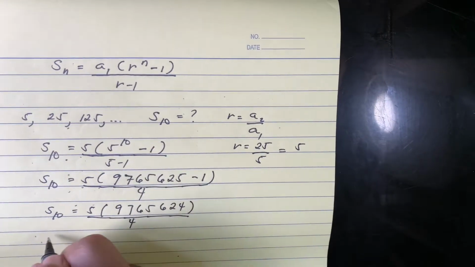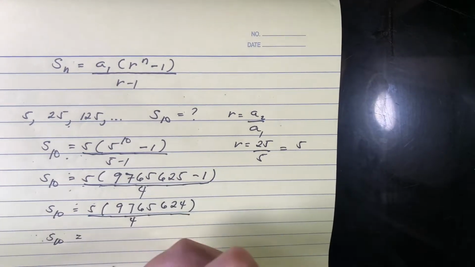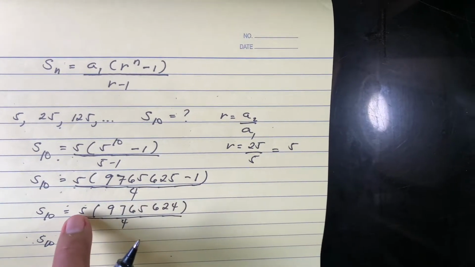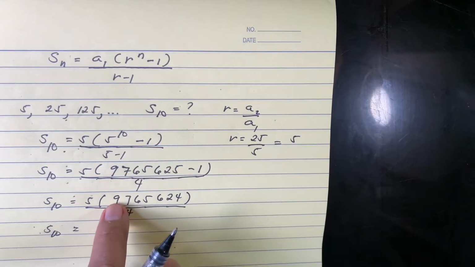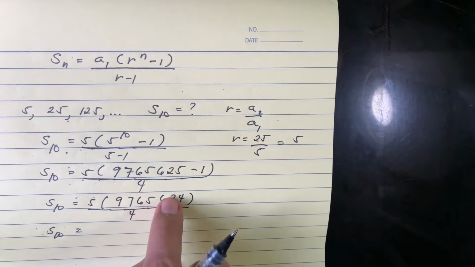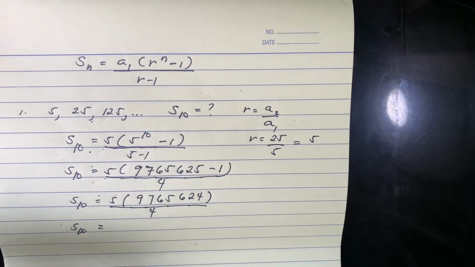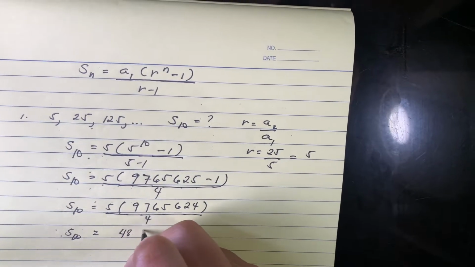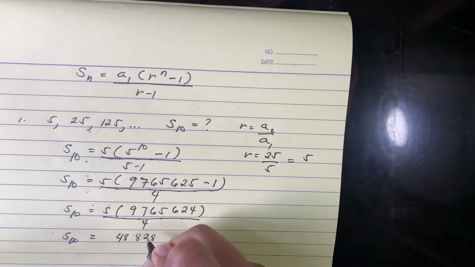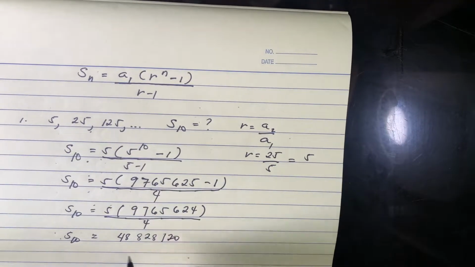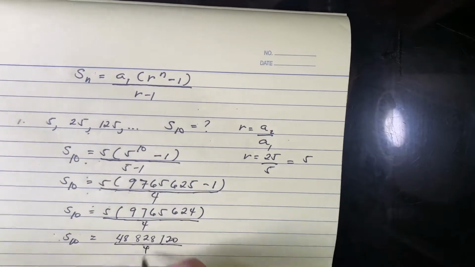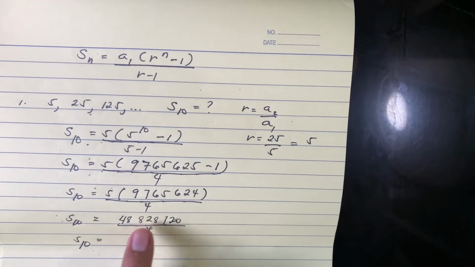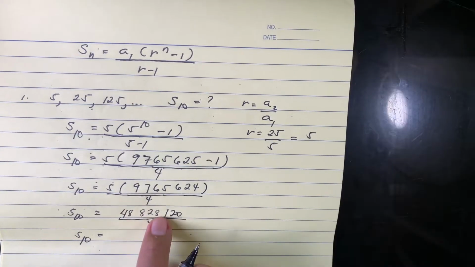Okay, let's continue simplifying this. Now let us multiply 5 and 9,765,624. We are going to multiply that by 5. So that would result to 48,828,120 divided by 4. So now we're almost finished. Let us divide 48,828,120 by 4.